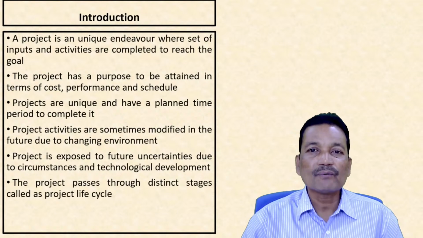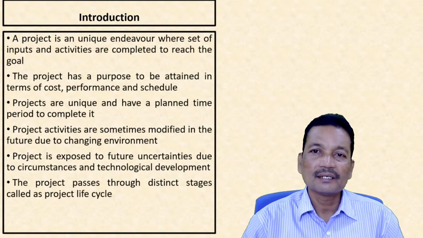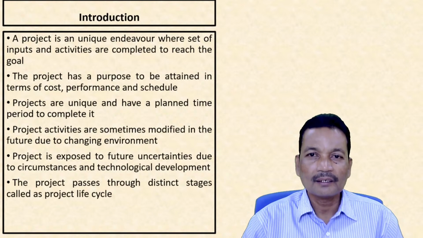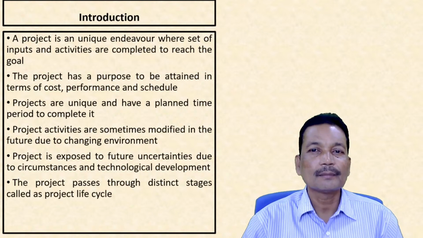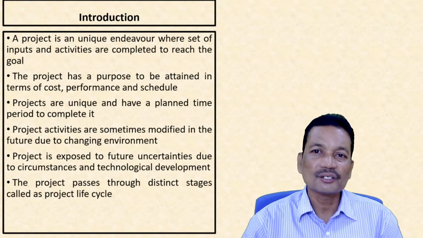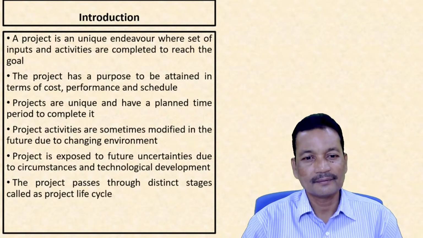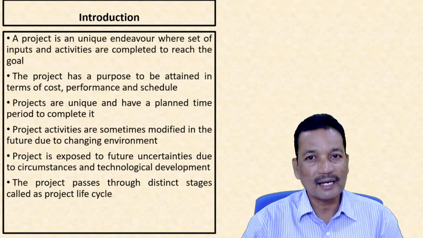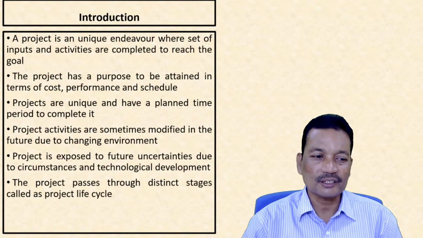Now, if our project, when it attains its objective, is not up to the updated technology, then what will happen? Our deliverables may not be accepted for which it was created. So the technological development also will have an impact on the project.